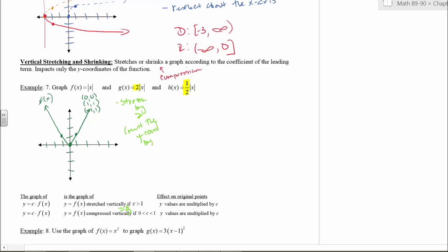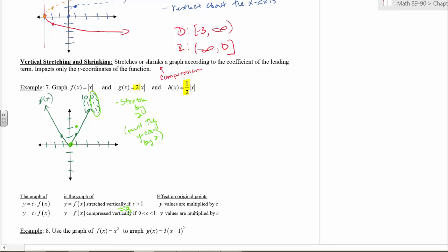Okay, so what were my y-coordinates? Well, remember, here are your y-coordinates right here. So I'm going to stay with an x-coordinate of 0, but if I multiply by 2 on the y-coordinate, I still get 0. And then if I stay with an x-coordinate of 1, multiply his y-coordinate by 2, I end up with 1, 2.